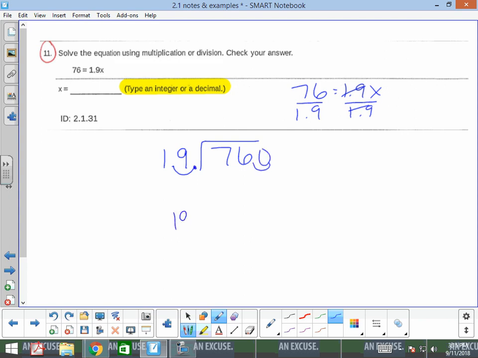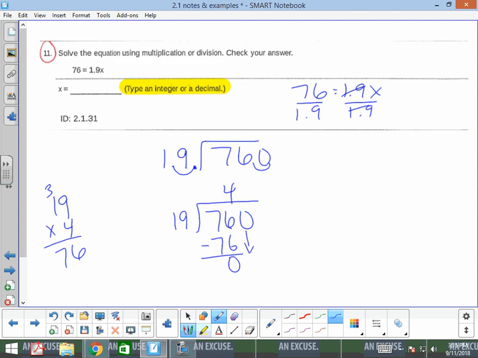So this is 19 being divided into 760. So let's estimate. Let's see what 19 times 4 is. And I do get 76. Now don't forget though, once we subtract, we still have a number left to bring down. So this will be 40. So that is an integer.